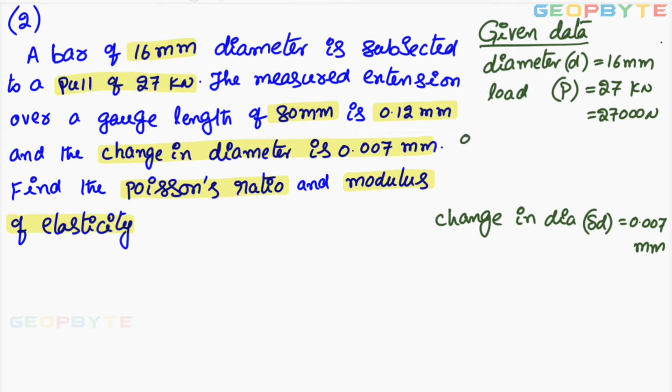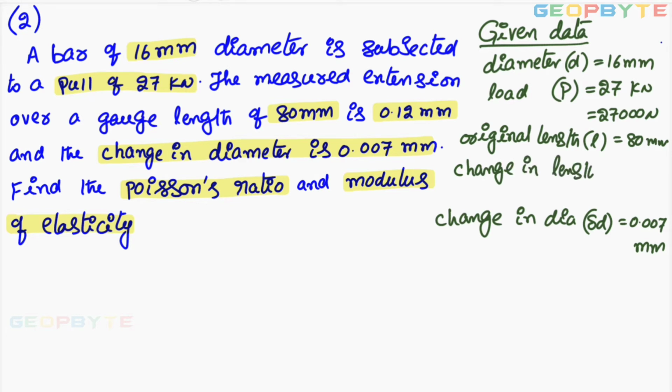The original diameter, original length L equal to 80 mm. Change in length delta L equal to 0.12 mm.